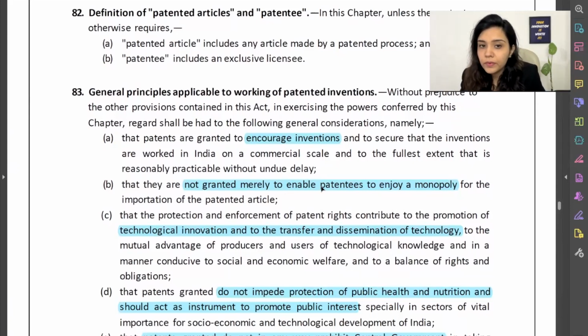It should not be merely to enable patentees to enjoy monopoly. So the idea is not to enjoy monopoly. The idea is to encourage inventions. The idea is to promote technological innovation and to transfer and disseminate technology. So these all are ideas or general principles which are applicable for working of patented invention.